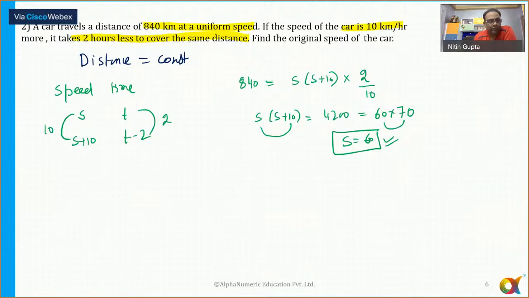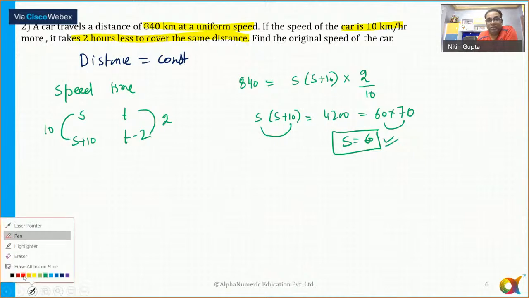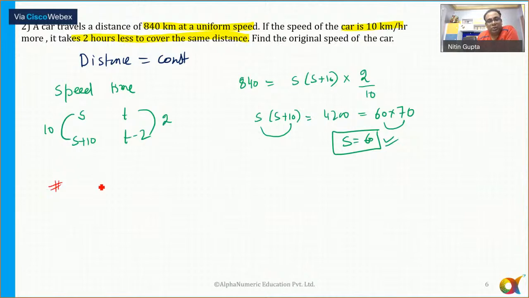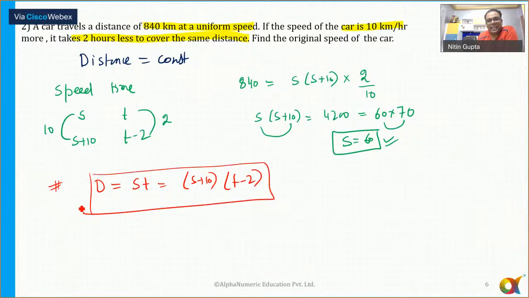Now, another interesting thing. Like I told you, for every question I can discuss a lot of different approaches, but your target should be the easier one. I can also use the formula distance is equal to speed into time, which is equal to s plus 10 into t minus 2. Solve these equations and you can get the answer. If you try to solve this equation, it seems to be difficult, but the terms will actually get cancelled.